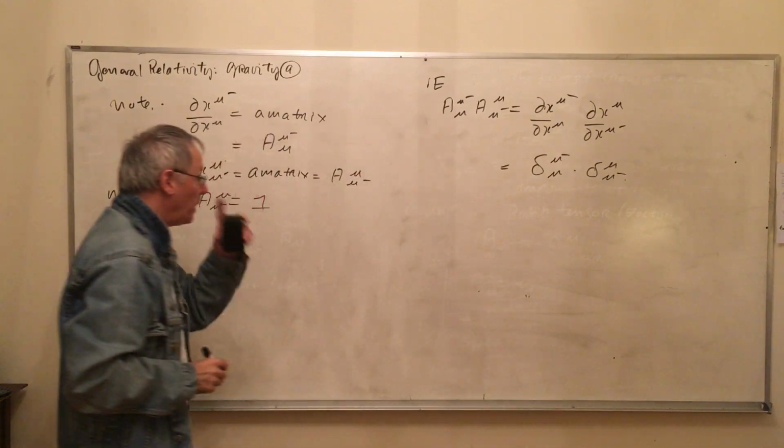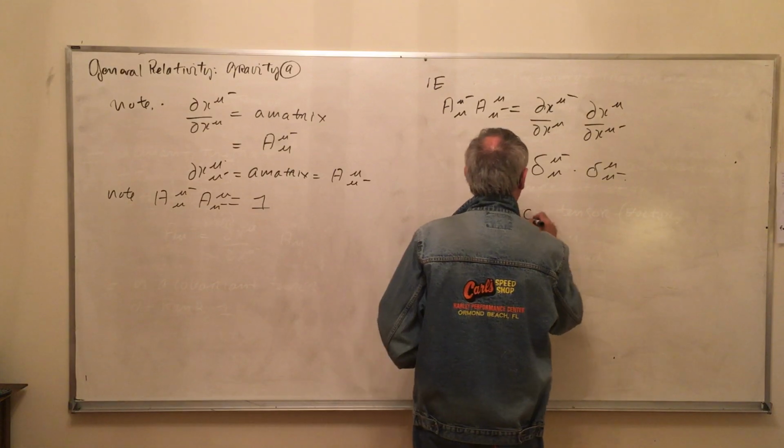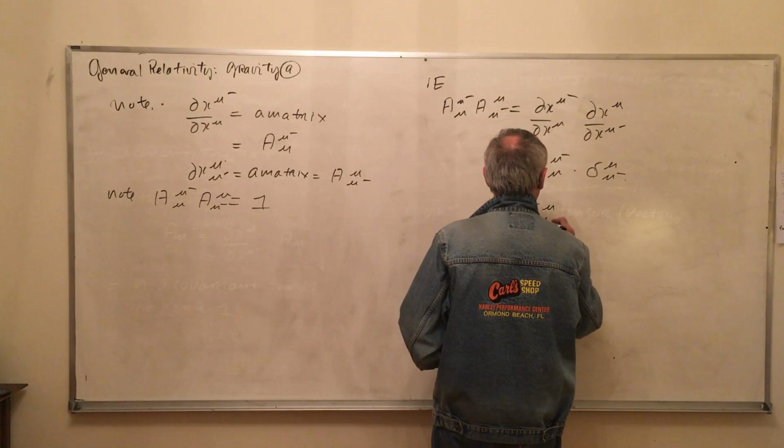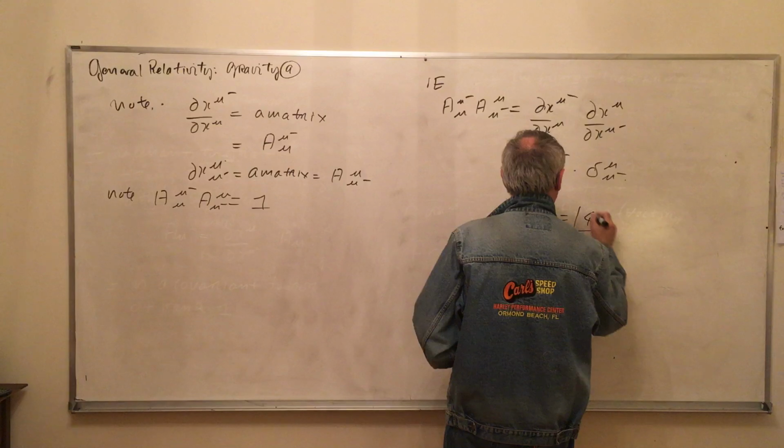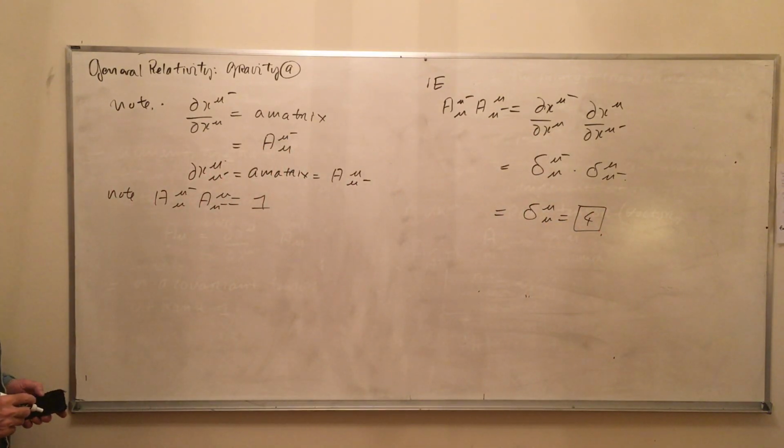Now, see, I'm out by a factor here. So I must have made a mistake here. I'll check up on that later. All right, never mind. I wanted to get the identity matrix. I may have made a mistake somewhere.